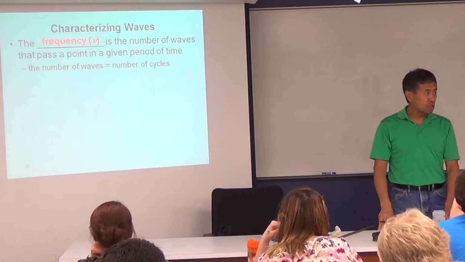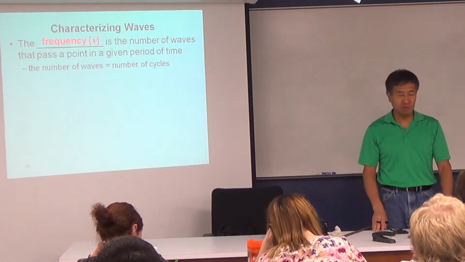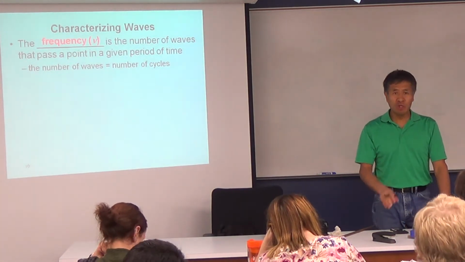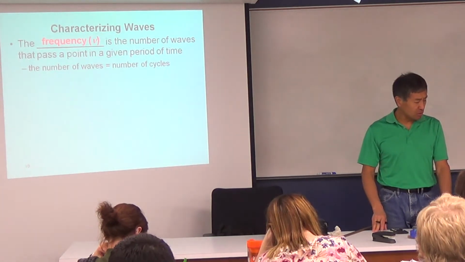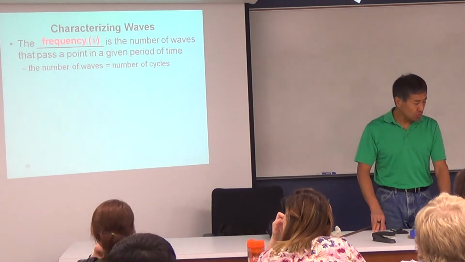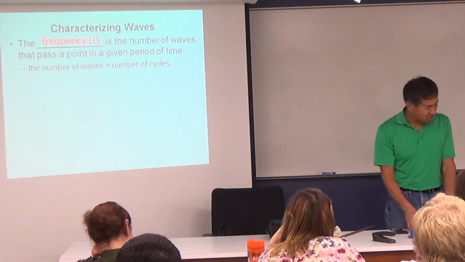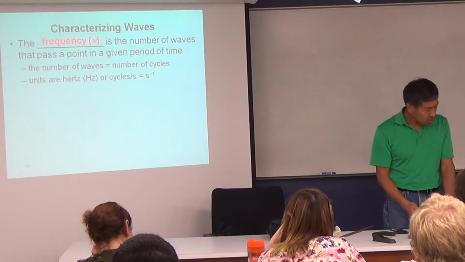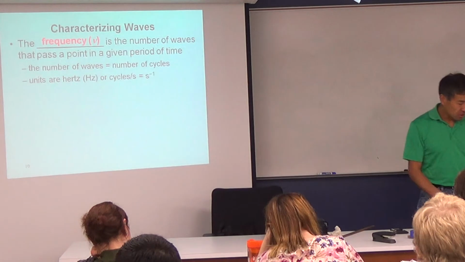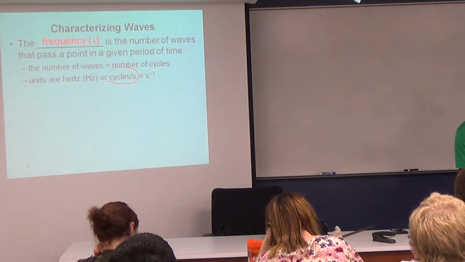So each wave is equivalent to one circular motion. So how many circles does the wave go through in some given period of time? Usually that period of time is per second. So that will be the common unit, circles per second.